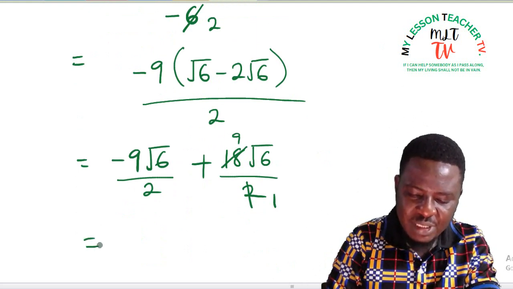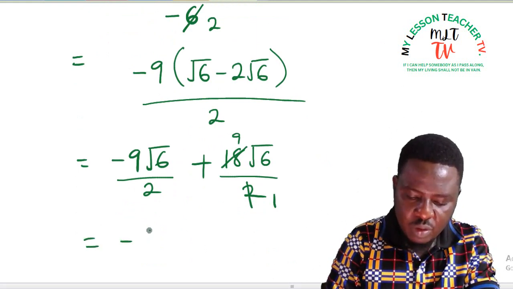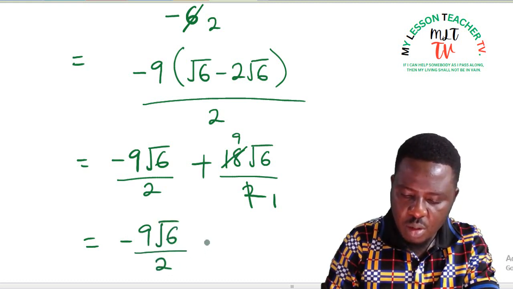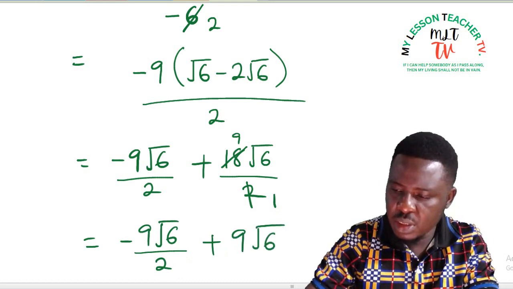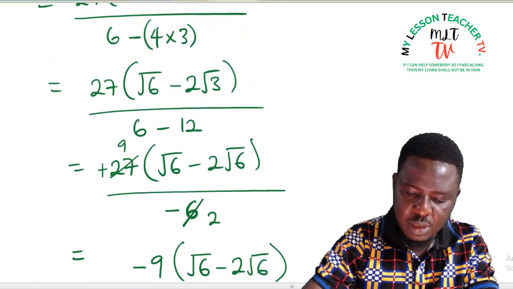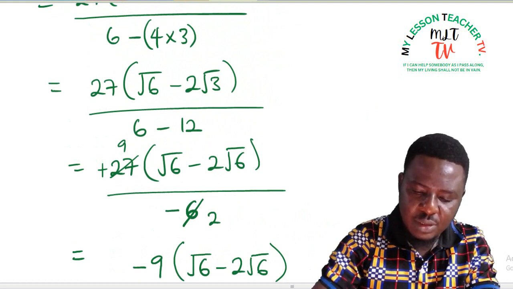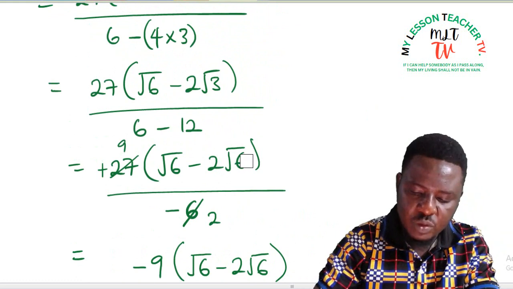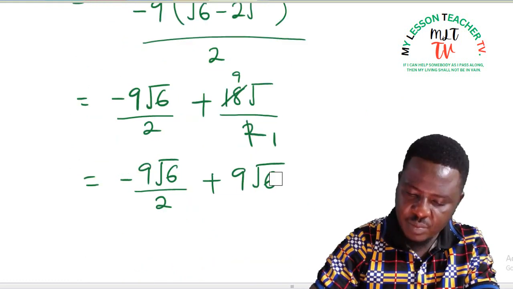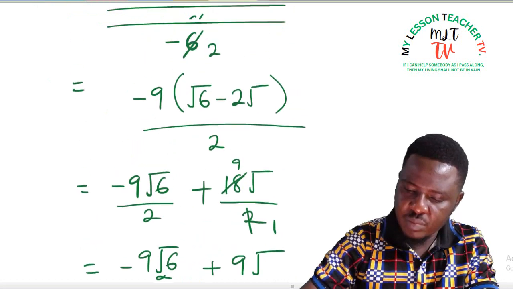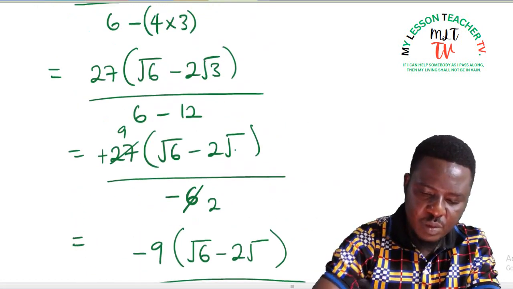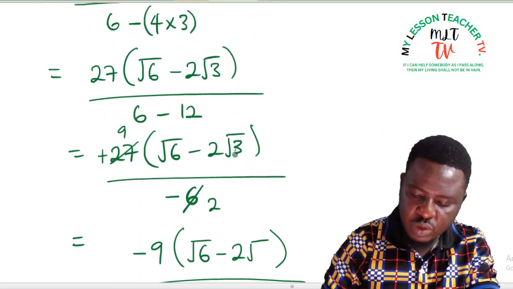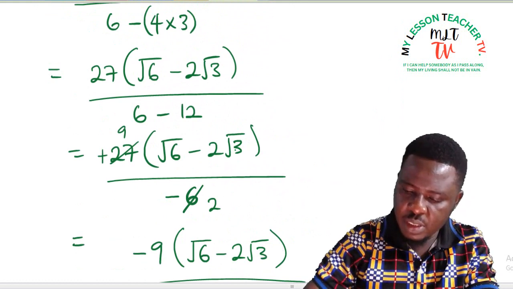So this can be simplified to be minus 9 root 6 divided by 2 plus 9 root 3. Sorry, it is root 3.